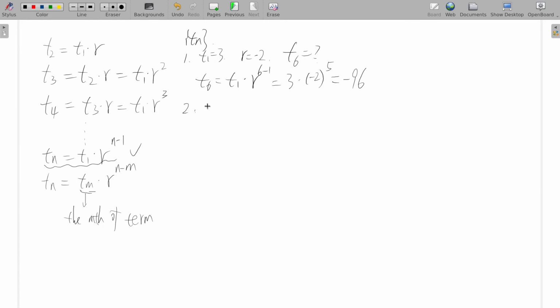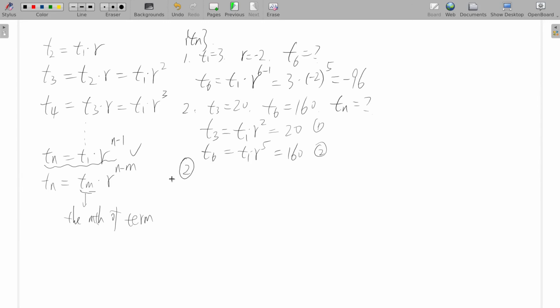We have another example. If T3 equals 20 and T6 equals 160, what is Tn? We can use simultaneous equations: T3 equals T1 times r squared equals 20, and T6 equals T1 times r to the power of 5 equals 160. To calculate, if we divide equation 2 by equation 1, we can cancel T1.